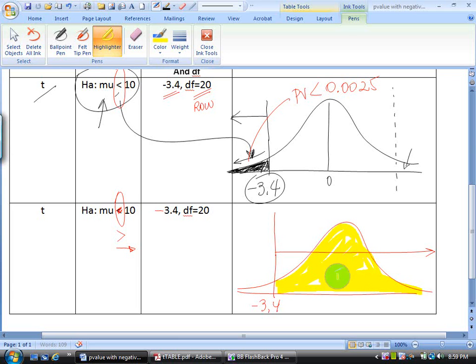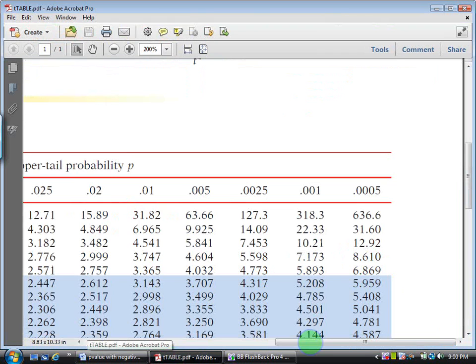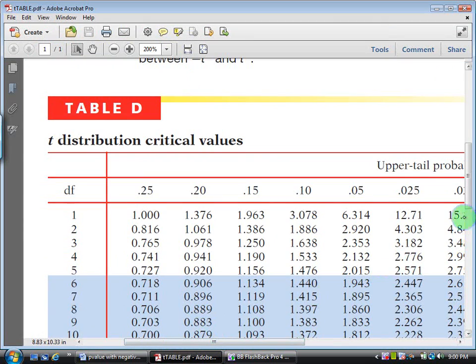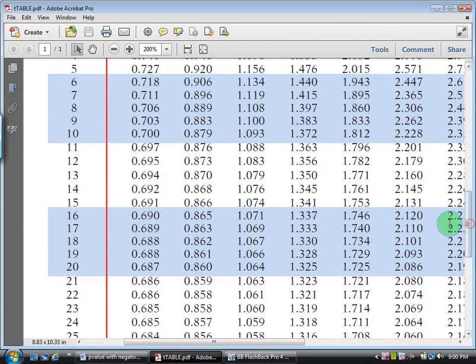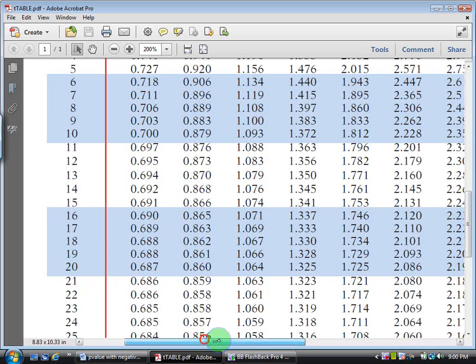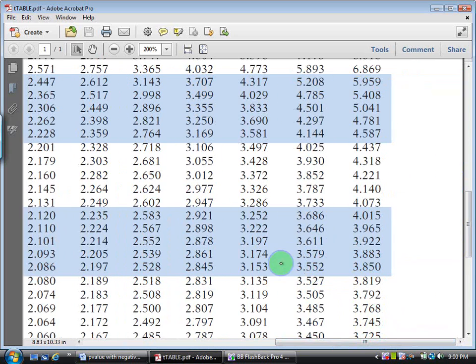So we need to be careful when we look at the table not to make a mistake. Let's see in the table the absolute value of this, which is positive 3.4. When we get there, we're going to find a number between two columns. We are going to go towards the larger area, which means that we are going to be on the t-table at degrees of freedom 20 and positive 3.4.